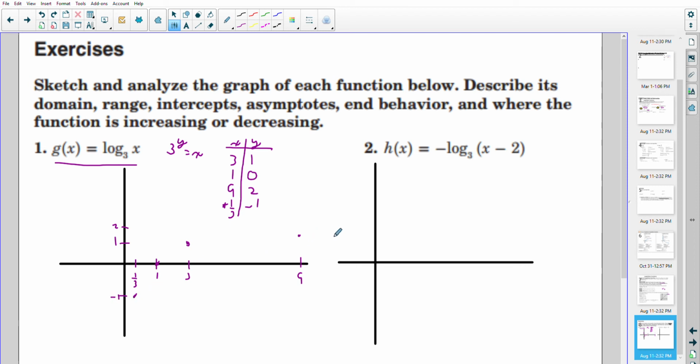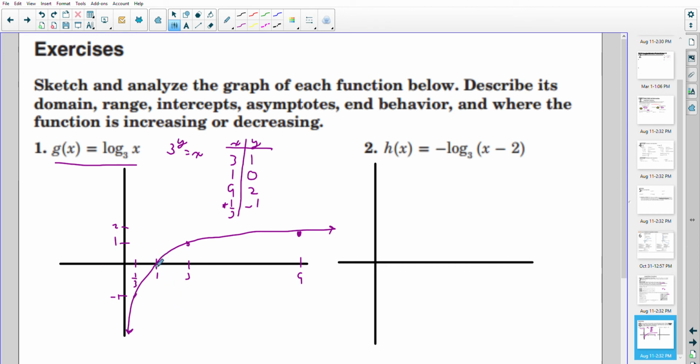So this graph, as you can see, is going to come up like this and then go straight across, not touching the y-axis. Now, if you had a negative sign in front, then you would reflect it about the x-axis.